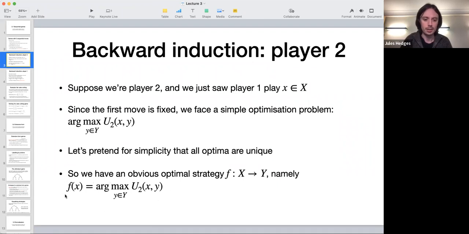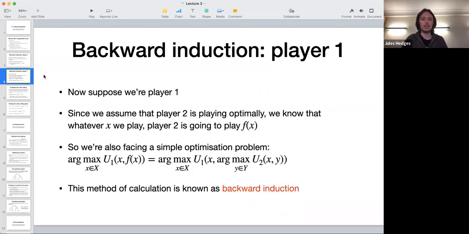This is a rule that will associate a choice of y to every possible x. So it's a function from X to Y, apart from the hand waving that this thing might not be unique. Note that this thing is a strategy for player 2. It's a choice of move for every possible observation that they could make.